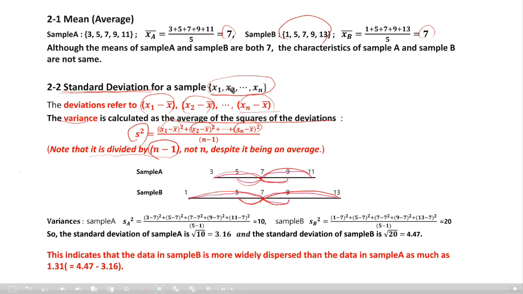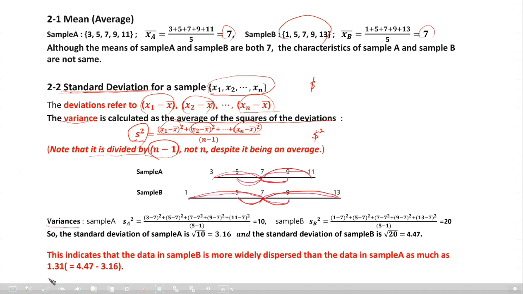If the sample values have some unit, say dollar, then what is the unit of variance? The unit will be dollar squared. These deviations are squared, so s squared has a unit of dollar squared. What is a dollar squared unit? Nobody understands that kind of unit. Okay, let's see the next step.